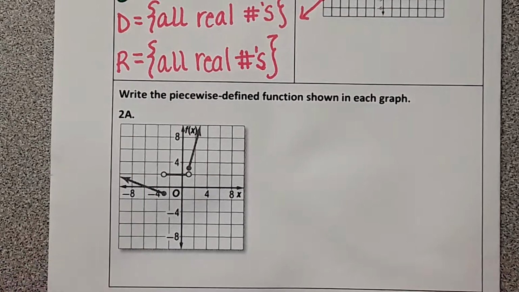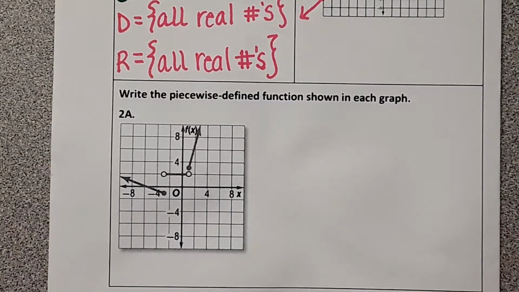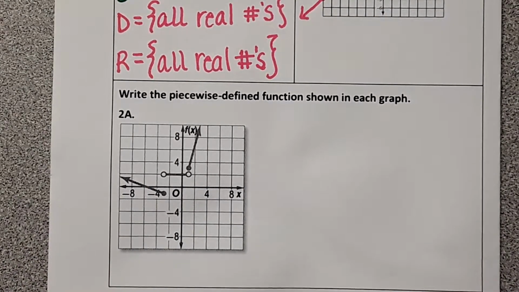Number 2. Number 2 is already graphed for us. So what we have to do is determine the equations, and determine what the x's are. Anytime you talk about piecewise functions and you go to graph them, or write the equation, you're always worried about the domain, the x's.